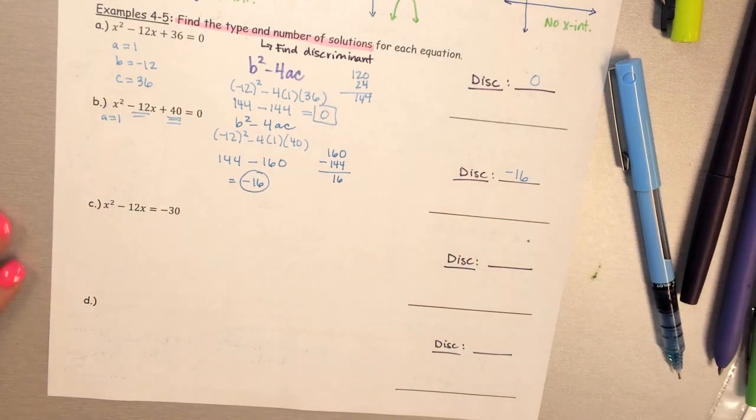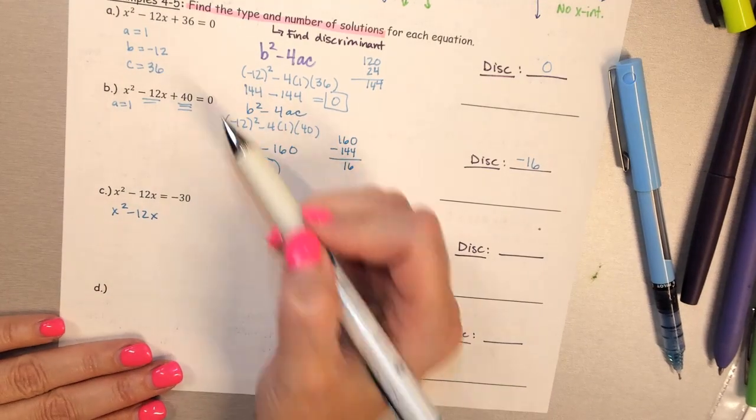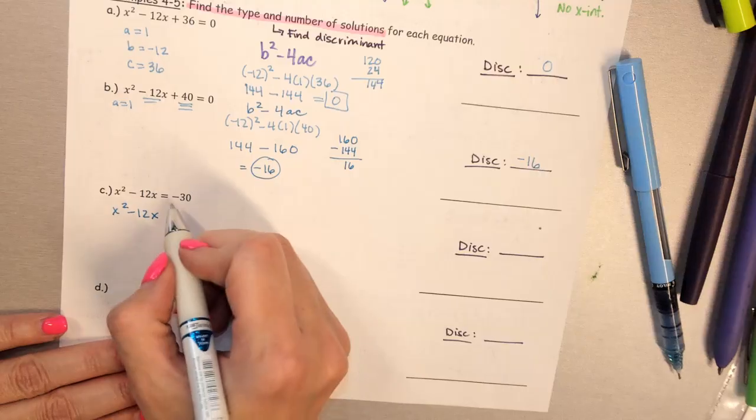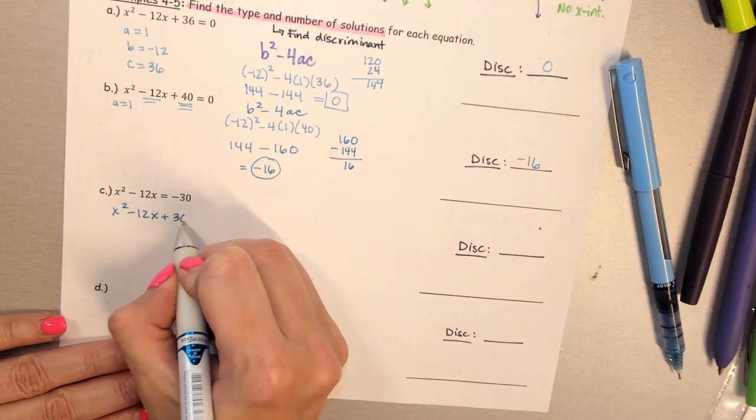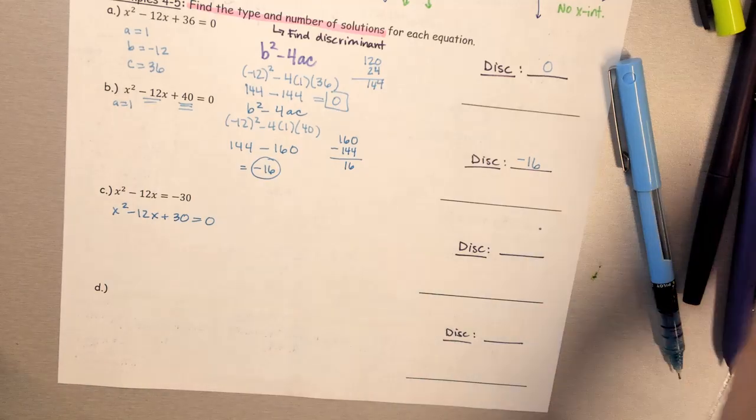Okay, and then I told you to watch out on part C because these you have equal to 0. If you don't have it equal to 0, what do we have to do? Move it over. So we're going to have to add 30 to both sides so it's equal to 0. Then we can do b squared minus 4ac.